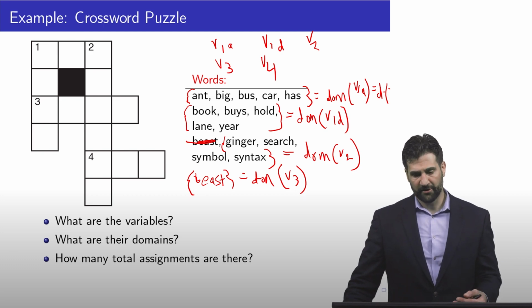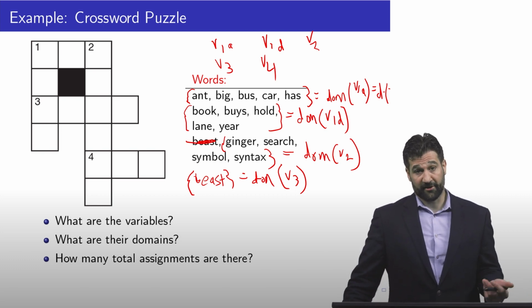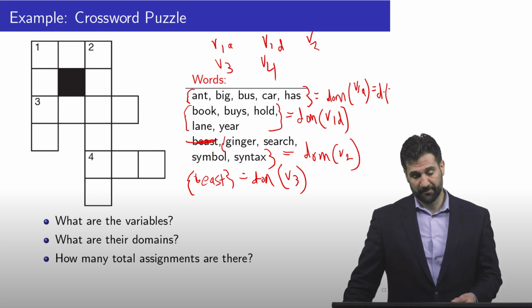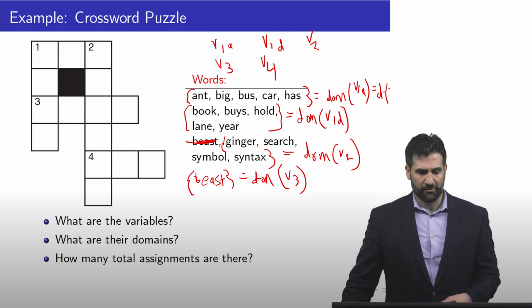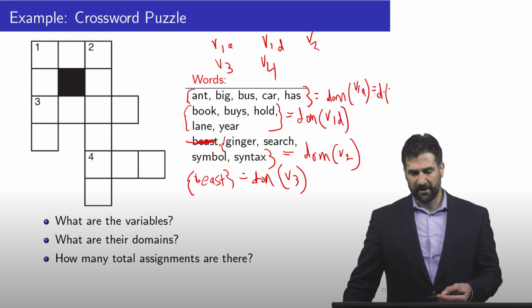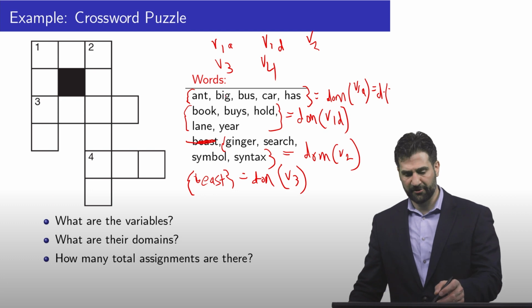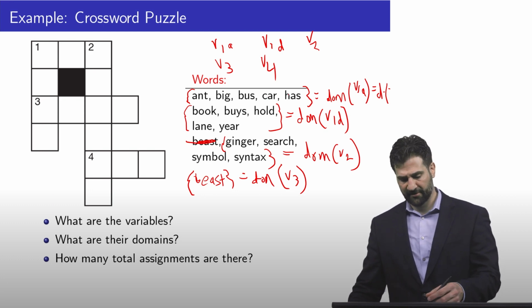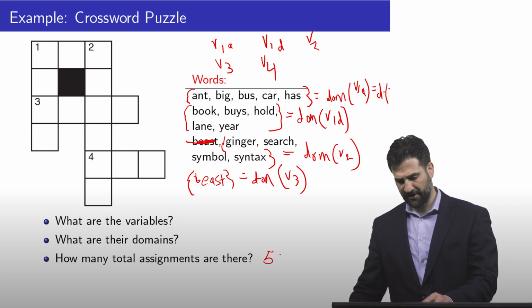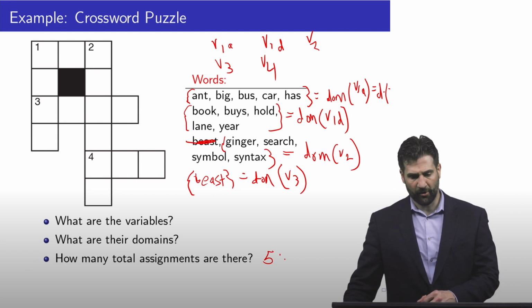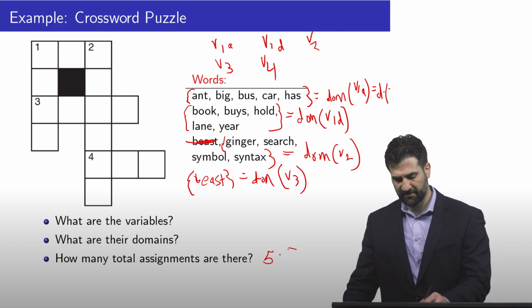So there are the variables and the domains, and how many assignments are there? Well, we can look at each variable, count the number of assignments, and multiply them together. So we have 5 variables. Variable 1 across has 1, 2, 3, 4, 5. So there's 5 for 1 across. 1 down also has 5.